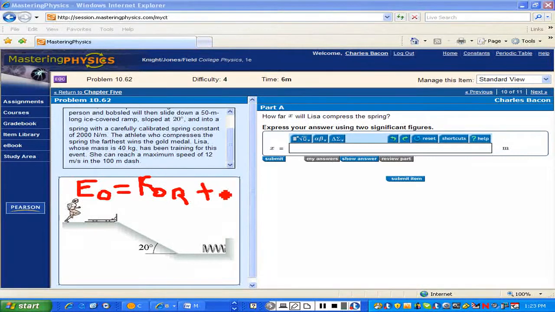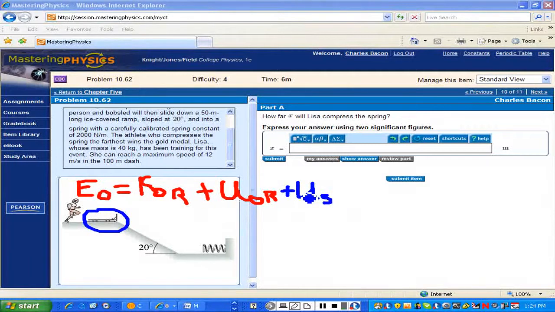And the runner has potential energy, U0R. But the sled also has potential energy because it's up relative to the ground, so we need to add potential energy of the sled, U sub S. And the sled is not moving, so it doesn't have any kinetic energy.